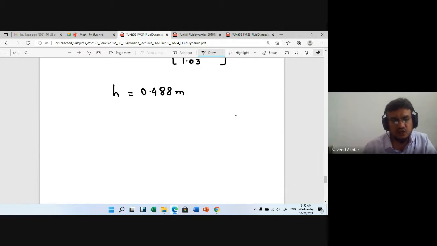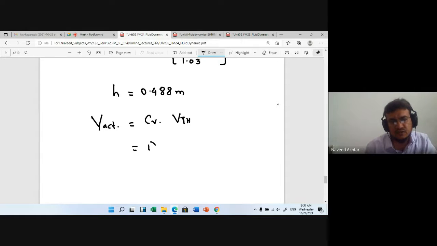Now the Pitot tube velocity: actual velocity is given by V actual equals CV into V theoretical.